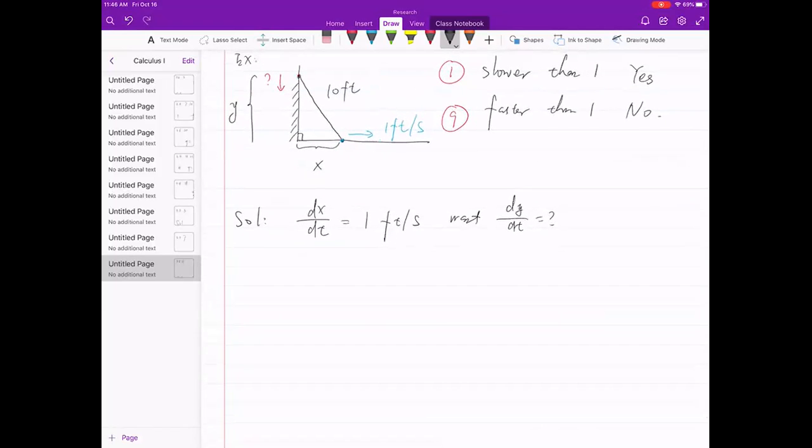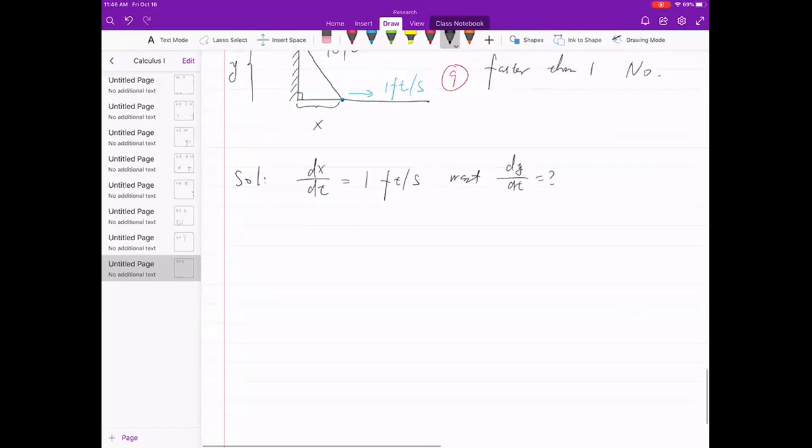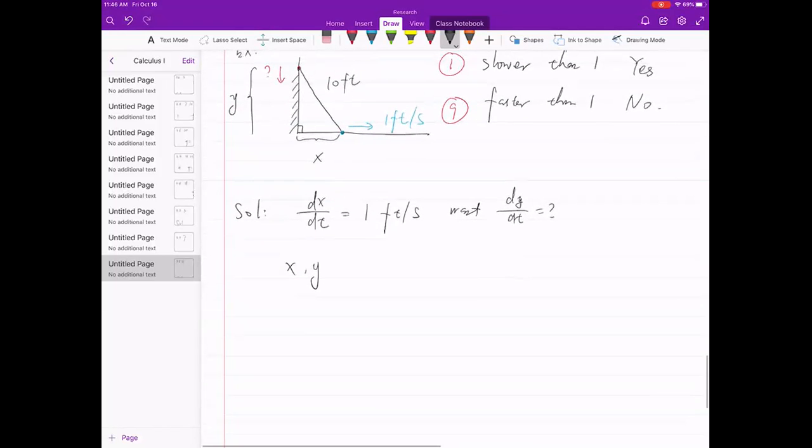Okay, partial credits already. Number 2, you don't know the relationship between dx over dt and dy over dt. Then, do you know a relationship between x and y? Can you find an equation that x and y need to satisfy?